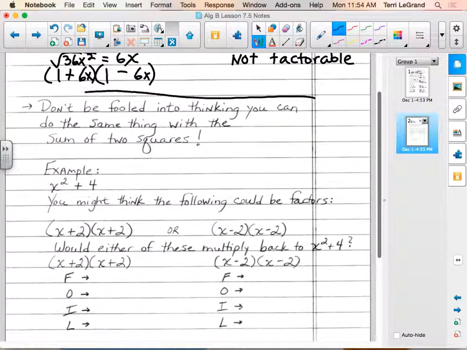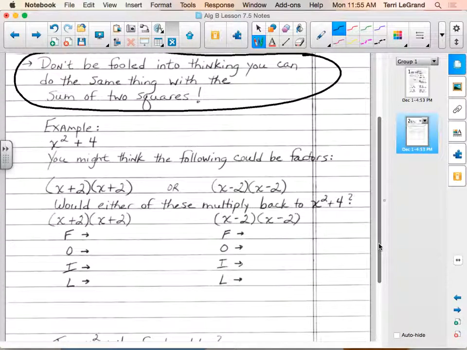Okay, this is a really important fact. I want you to put a big circle around it. Don't be fooled into thinking you can do the same thing with the sum of two squares. What does sum mean? Addition. So if you have two squares, such as in the example right here, it says x squared plus 4. X squared, is that a perfect square?